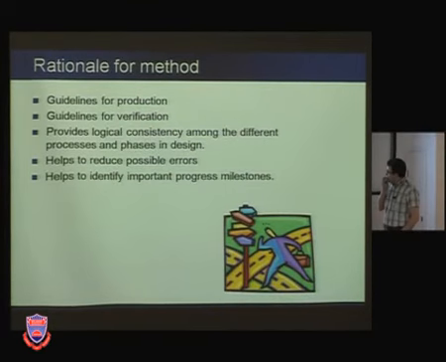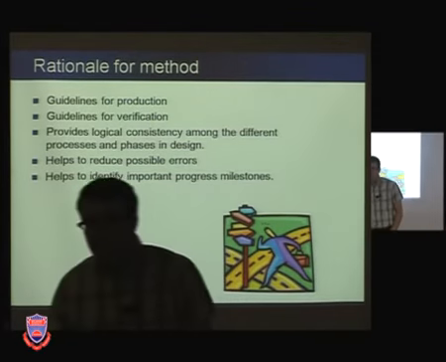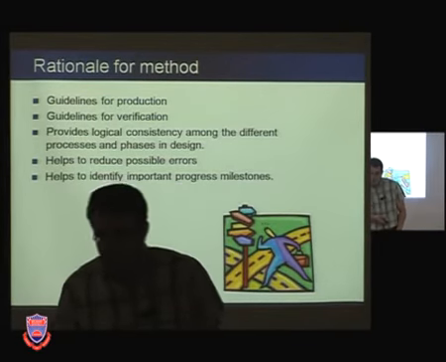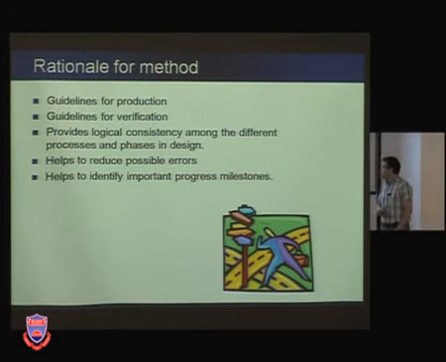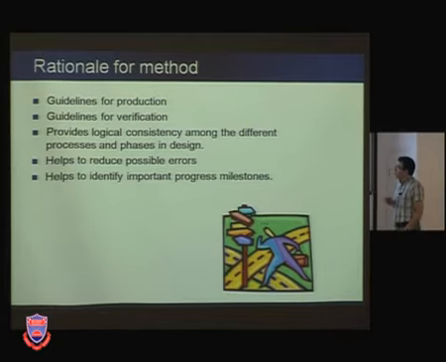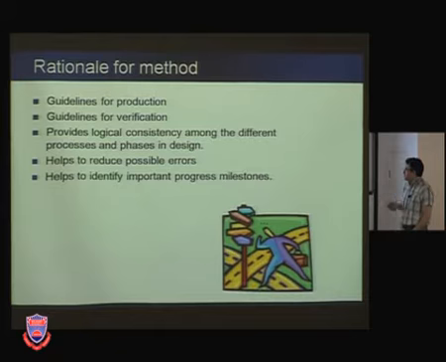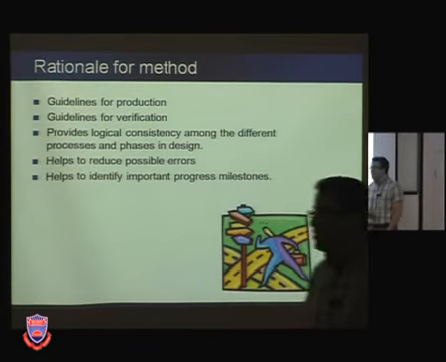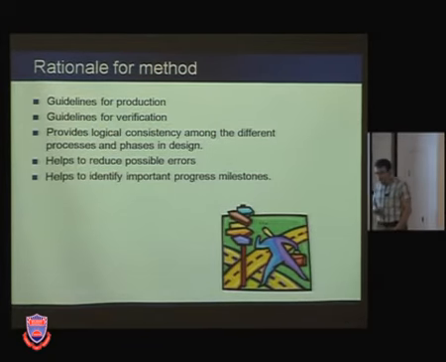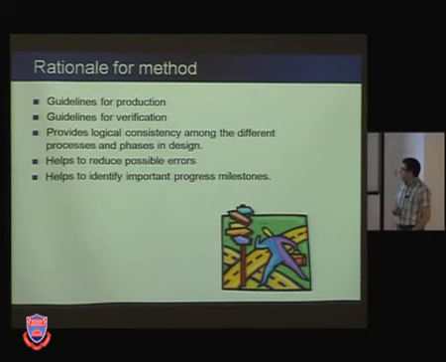Why do we need a method? So why do we need an architecture model? We discussed last week, like guiding the process, guiding project management, etc. These are the reasons why we need an architecture design method, or method in general. It provides guidelines for production, defines how to produce something, provides guidelines for verification, provides logical consistency among different processes and phases in design.